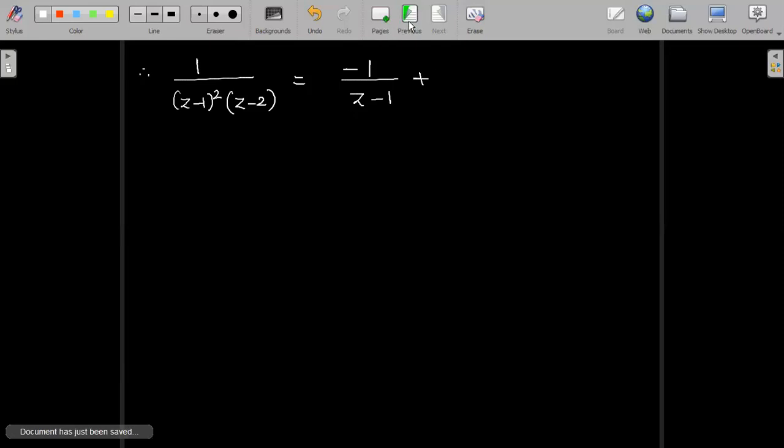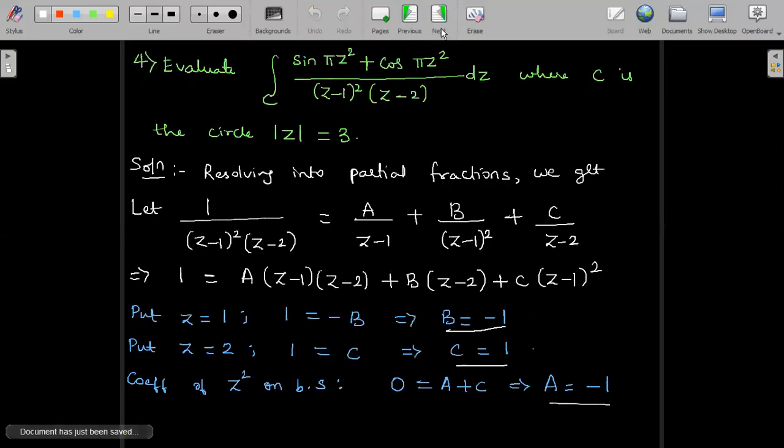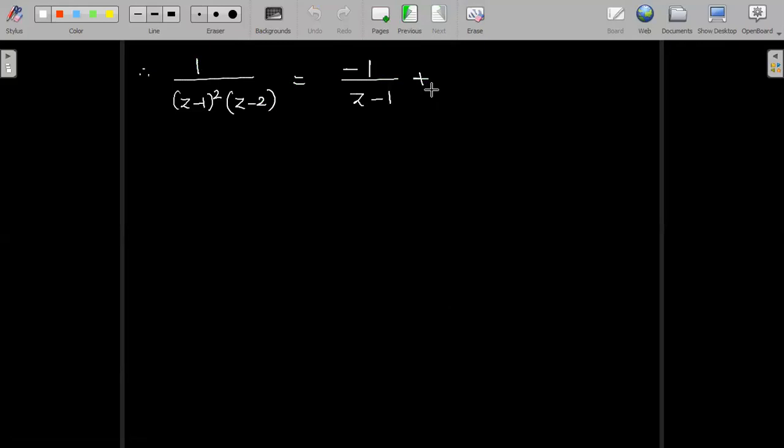So therefore, 1 divided by z minus 1 whole square into z minus 2 is equal to a divided by z minus 1 plus b divided by z minus 1 whole square. The b value is also negative, so I can actually write down the negative value directly over here.